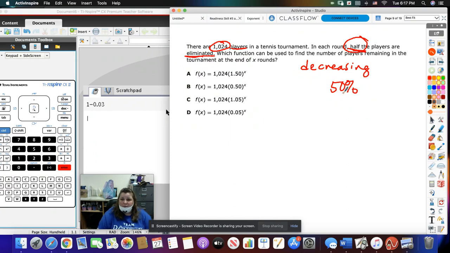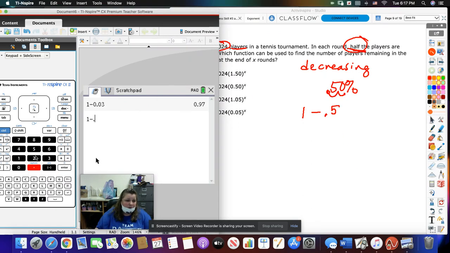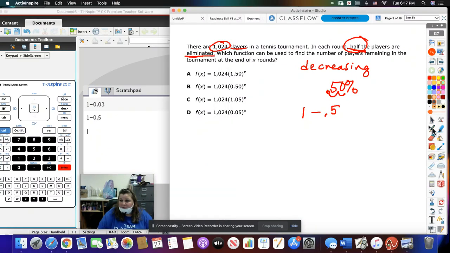When you change 50% to a decimal, with the decimal moved over 2, that's 0.5. It's decreasing, so I have to do 1 minus 0.5. Go to the calculator, 1 minus 0.5, and that's 0.5 because 1 minus a half is just a half.